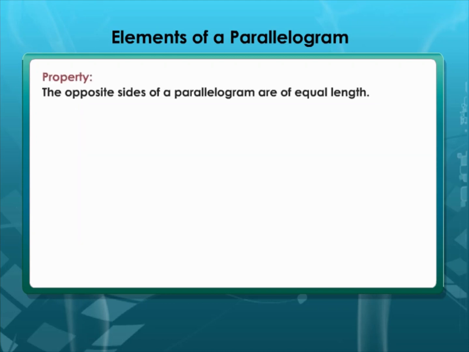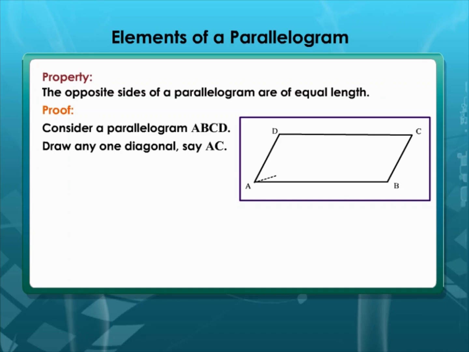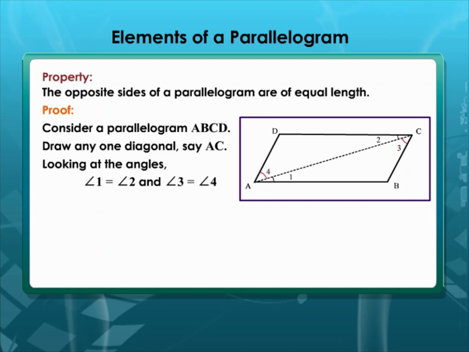Now let us see the property. The opposite sides of a parallelogram are of equal length. Consider a parallelogram ABCD. Draw any one diagonal, say AC. Looking at the angles, angle 1 is equal to angle 2 and angle 3 is equal to angle 4.